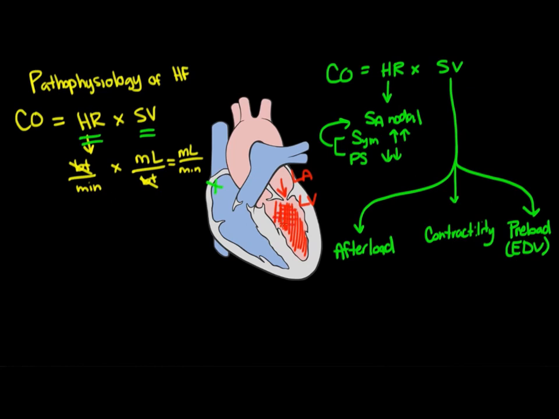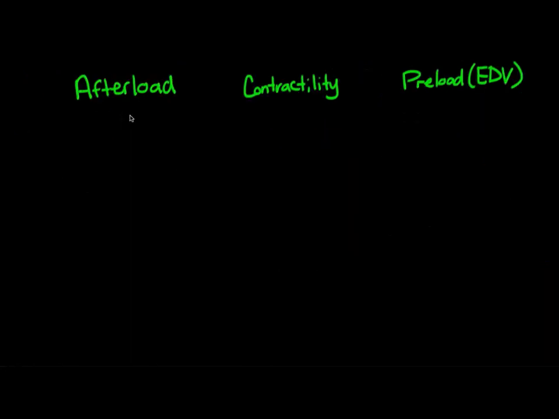This is preload, or the volume at the end of diastole in the left ventricle. So I hope that those terms are clear, and now let's move on to how these three, afterload, contractility, and preload or end diastolic volume contribute to stroke volume and overall to cardiac output. And so you'll see what I've done here is just list the three variables that we were talking about.